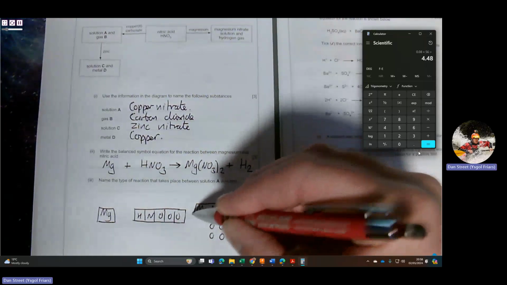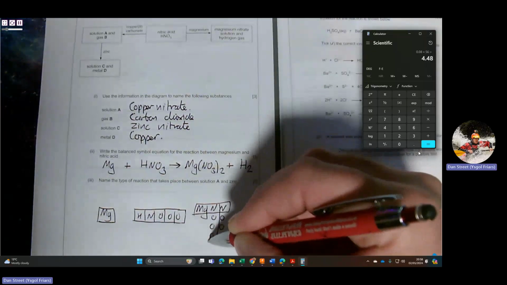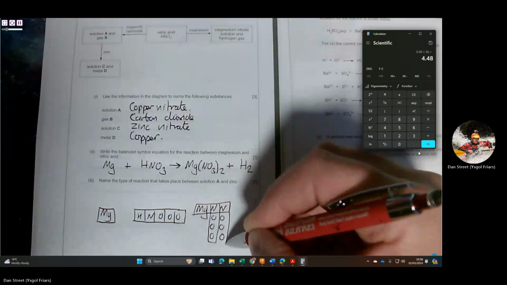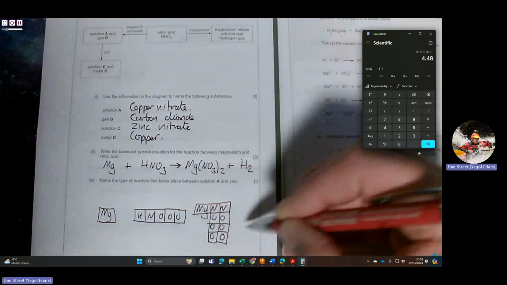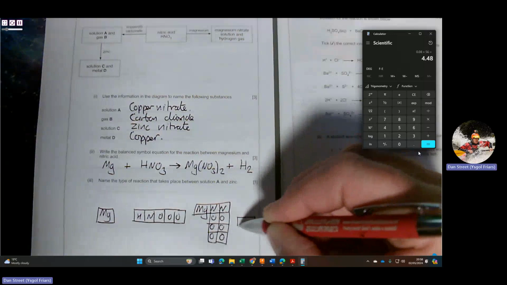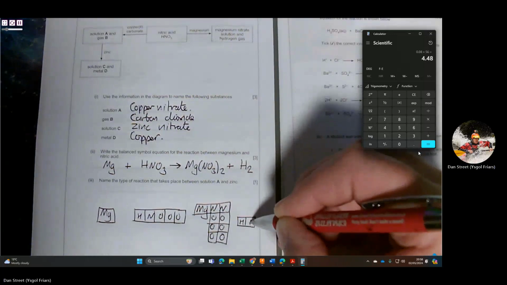Let's just make those into individual atoms. And the 2 H's for H2.